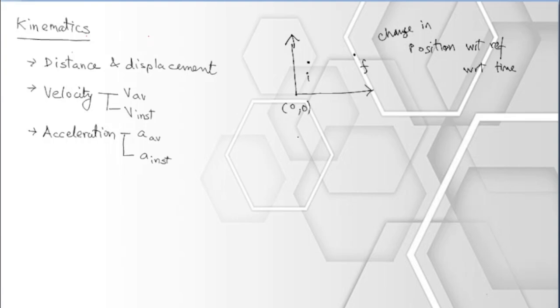So if you're going from an initial point to a final point, say you can take path number 1, you can also take path number 2, and you can also take path number 3. Note that path 1 and path 2 are longer than path 3.